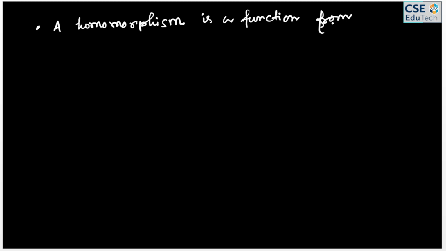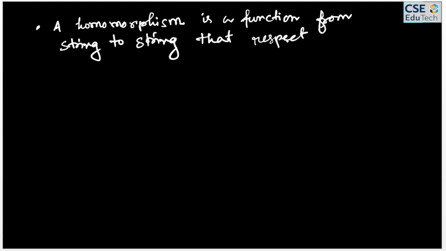Further, a homomorphism is a function, a mapping from string to string, that respects or preserves concatenation.